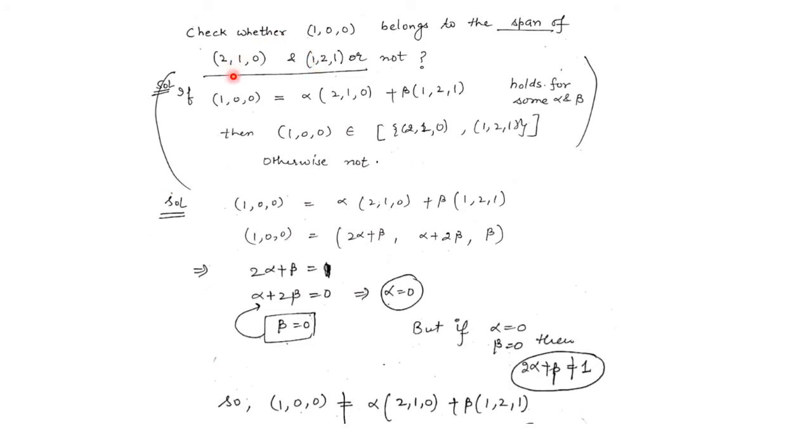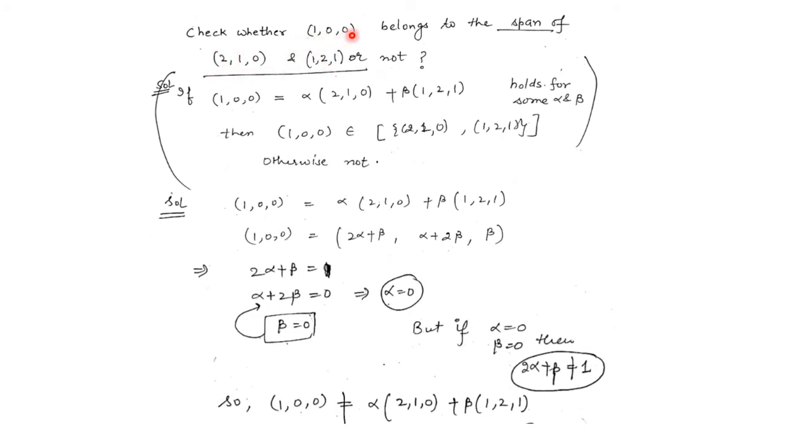So first of all, we will see what will be the span of this. What is the span of this? Means alpha times this plus beta times this will become the span of this, right?